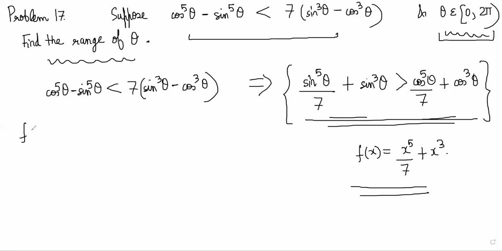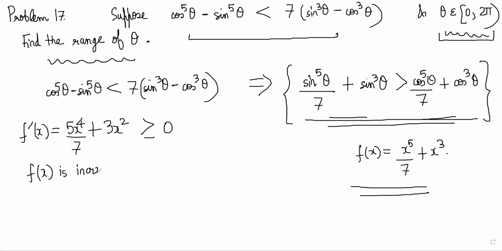If f of x is x^5 by 7 plus x^3, f dash x will be equal to 5x^4 by 7 plus 3x squared. It is obvious because there is a fourth power of x and a second power of x here. This is always greater than or equal to 0, which implies that f of x is increasing, or at least non-decreasing, in its domain.